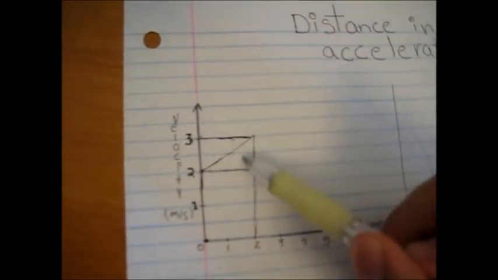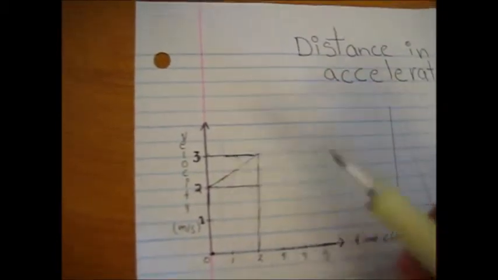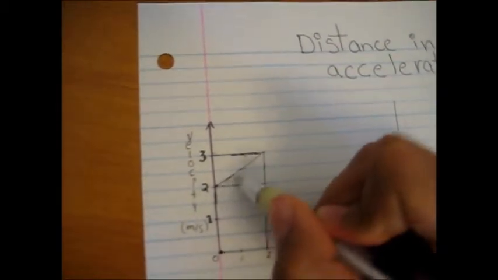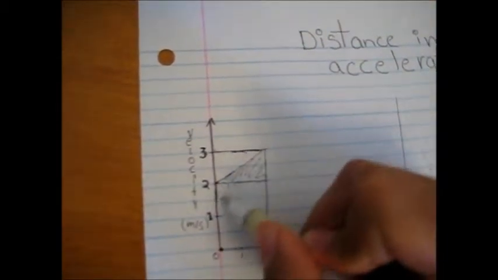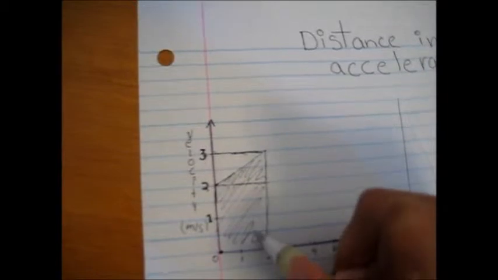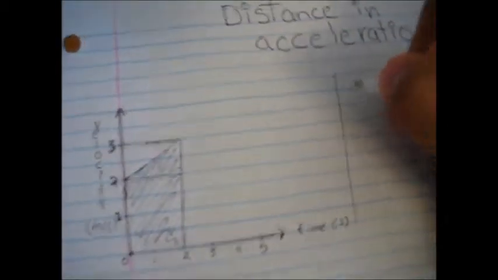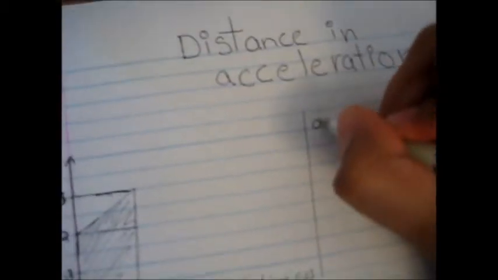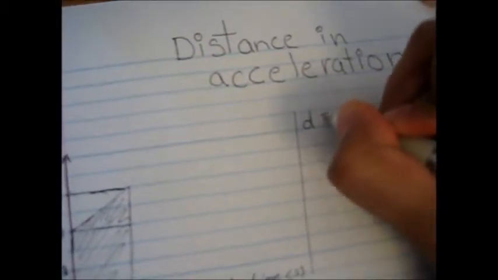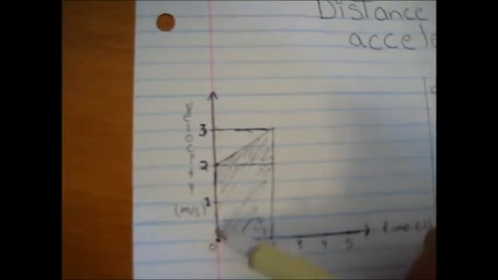So this one plus this one, and it will give us the area. Let's just color that so we can see what's the area. So that's the area. That's not the area. So for the first, distance or the area will be equal to, what's the area of this rectangle?